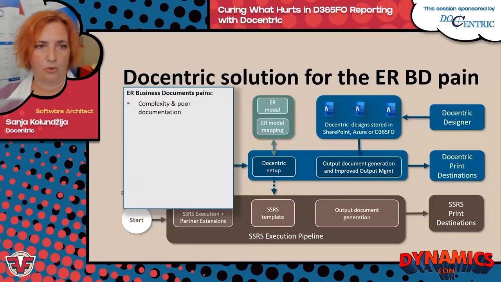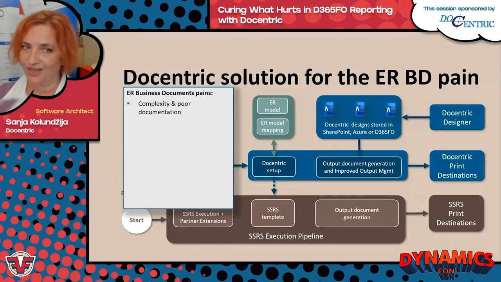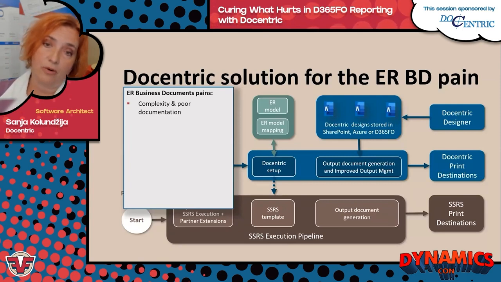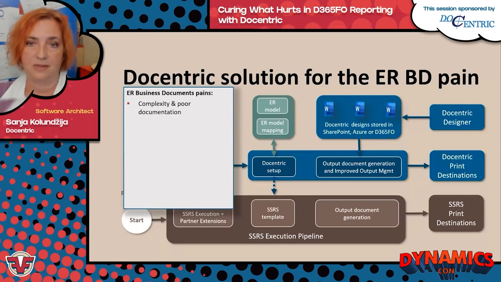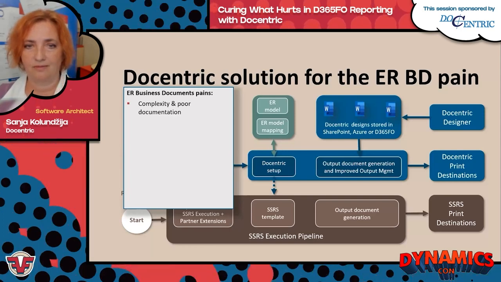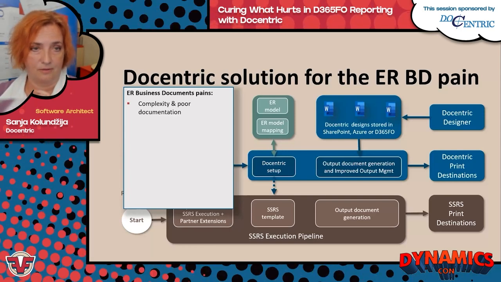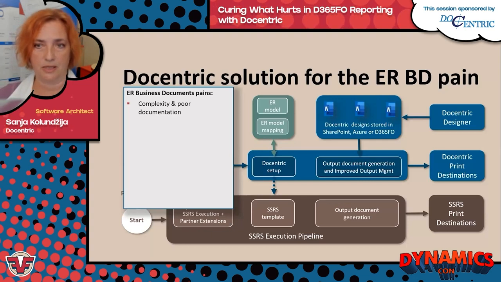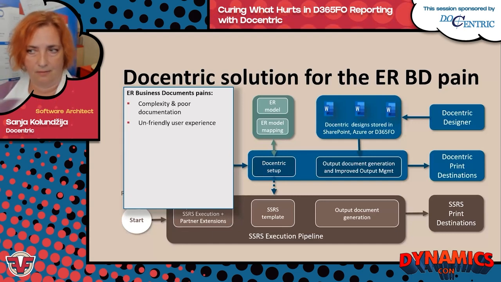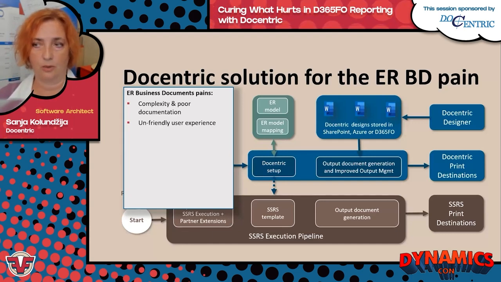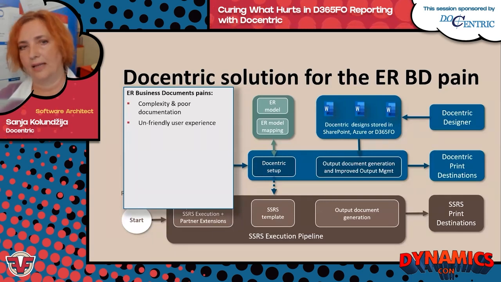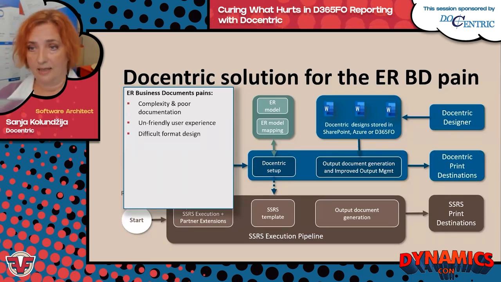So let's quickly go through these. You don't need to deal with complexity and poor documentation. Okay, models and model mappings are complex, but an even much worse part is forms, which we avoided with this configuration. The user experience is great because you are dealing, again the same as with SSRS, with our Word add-on. Format design is very simple, and we will see it immediately after, I think, this slide or the next one.